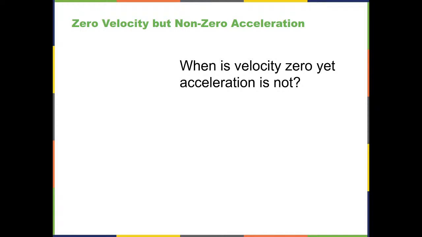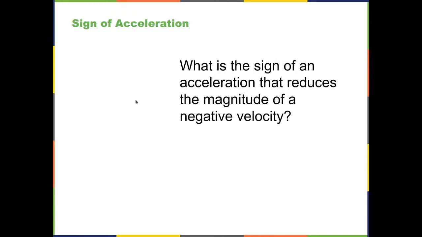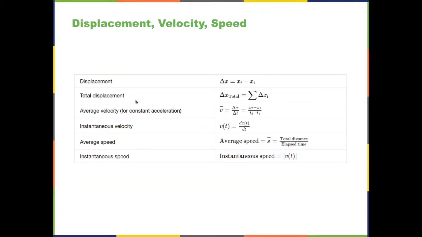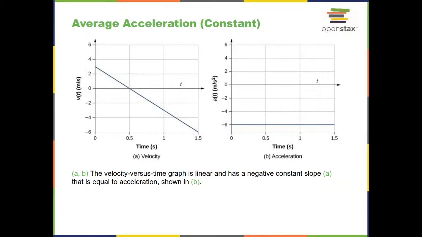So if we go back to one of these plots here, let's go to this one. We have a velocity which started off being positive, goes through 0, and becomes negative. So the velocity changes sign around 0 here. But the acceleration is non-zero. The acceleration is always minus 6 meters per second squared.